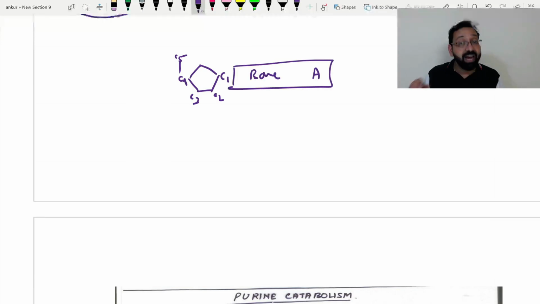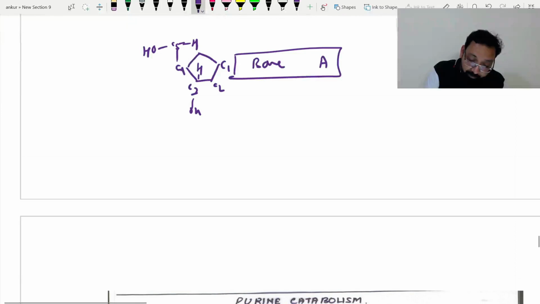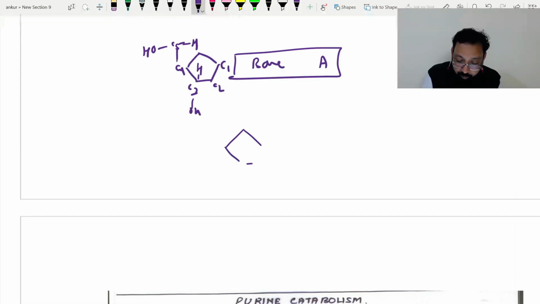Suppose this is adenine, and C3 has OH, C5 has OH. I told you the pentose sugar, ribose sugar, has 4 OH. At this time, I am mentioning the OH group at C5 and only C3. Again, I draw one more pentose sugar, C1, C2, C3, C4, C5.